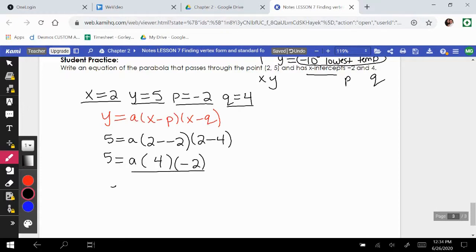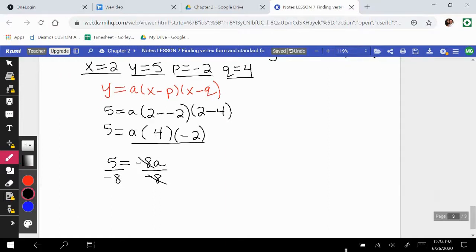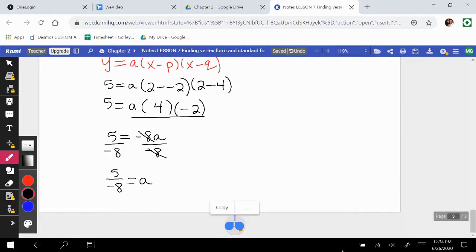If I multiply that together, we end up getting negative 8a. And to get a by itself, we divide both sides by negative 8, and we end up with negative 5/8 for a. I don't like to leave a negative sign in the denominator, so I'm going to write negative 5/8 like this instead.